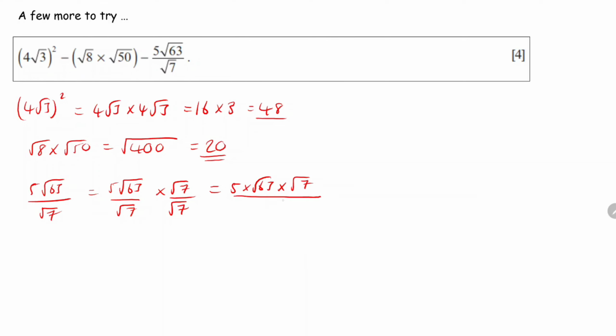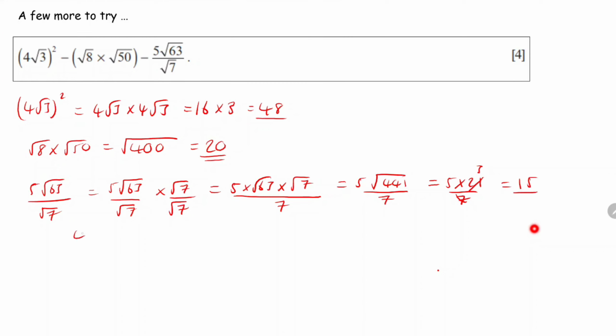And the bottom goes to root 7 times root 7, which is 7. Now root 63 times root 7 is root of 441 over 7. Root of 441 is 21. So this becomes 5 times 21 over 7. 7 goes into 21 3 times. So the top goes to 15.